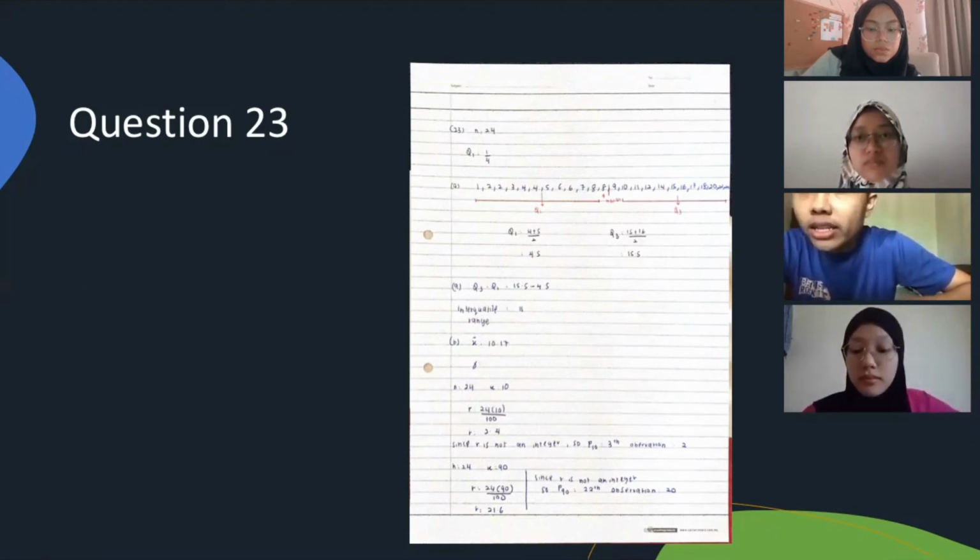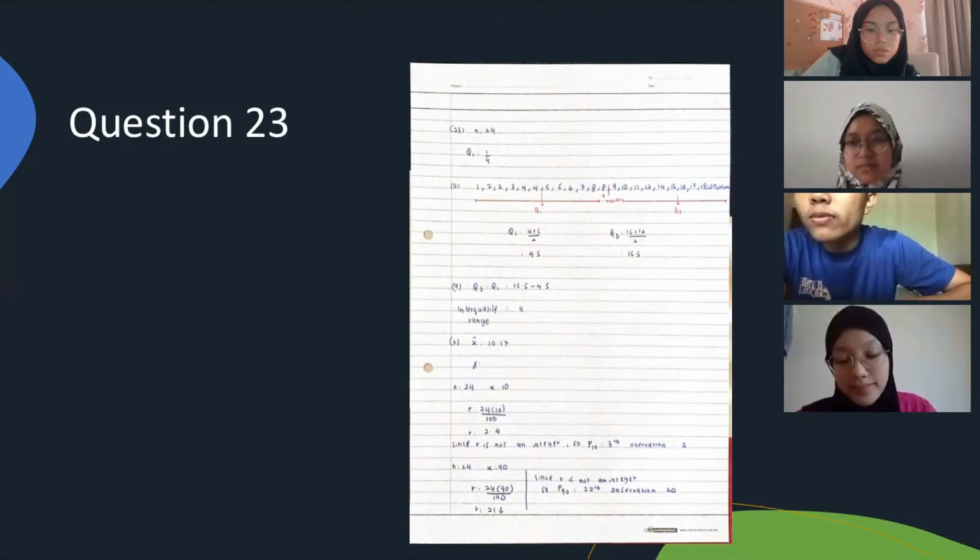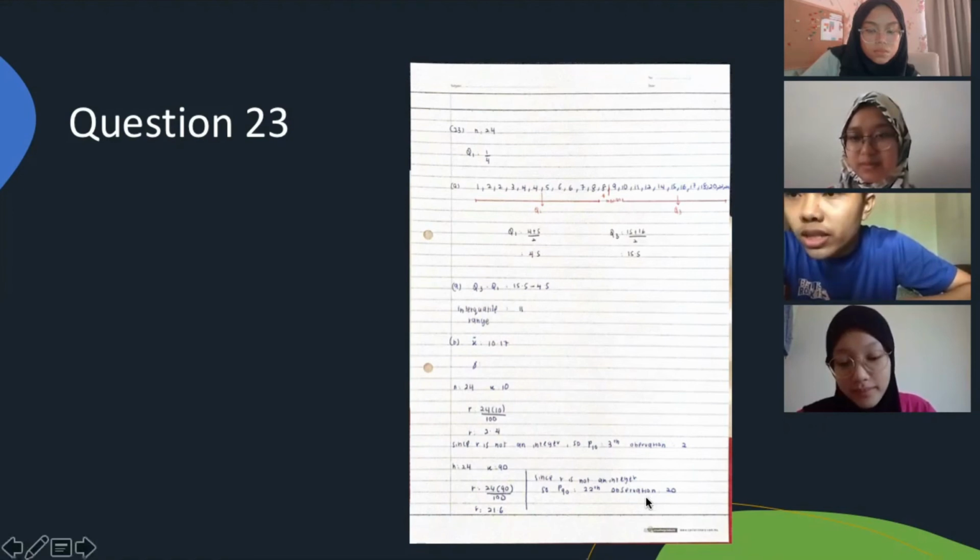For the 19th percentile, R is 24 multiplied by 19 divided by 100, which is 21.6, so P19 is the 22nd observation, which is 20.